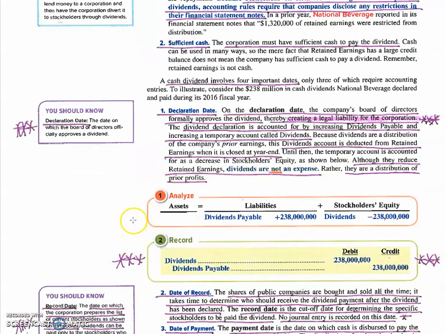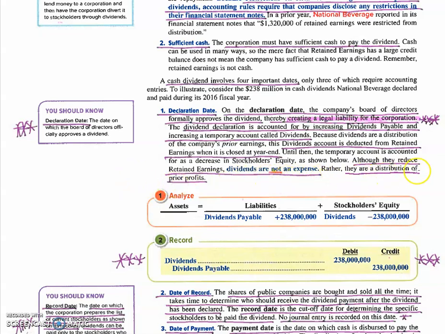Okay, and then on the declaration date, we do have a journal entry because dividends at that point become a legal obligation. Once they are declared, they become a legal obligation, a liability. They are not an expense.